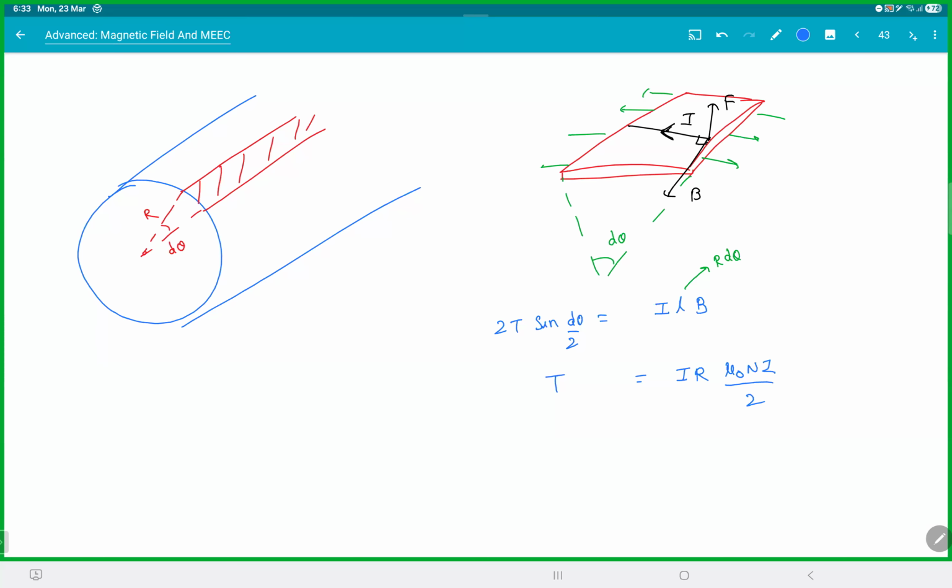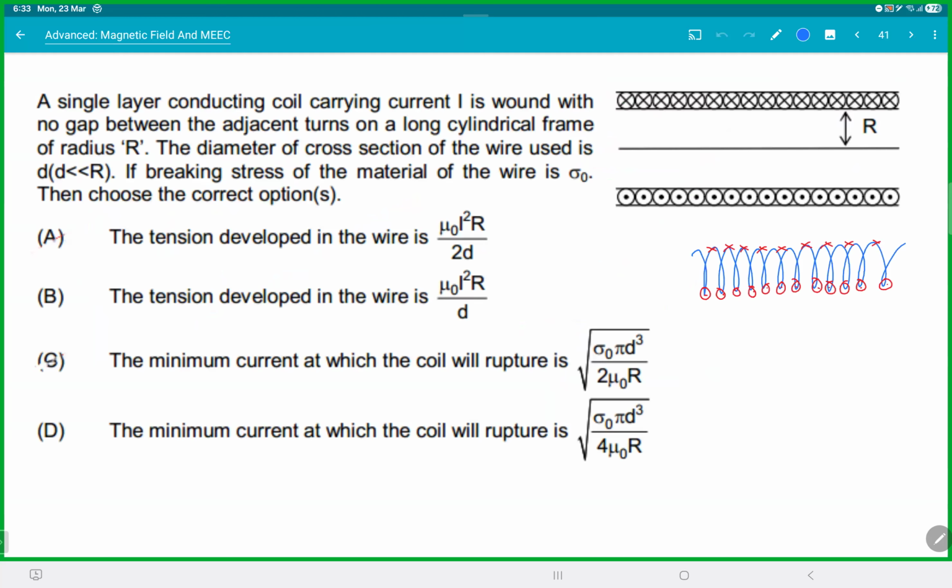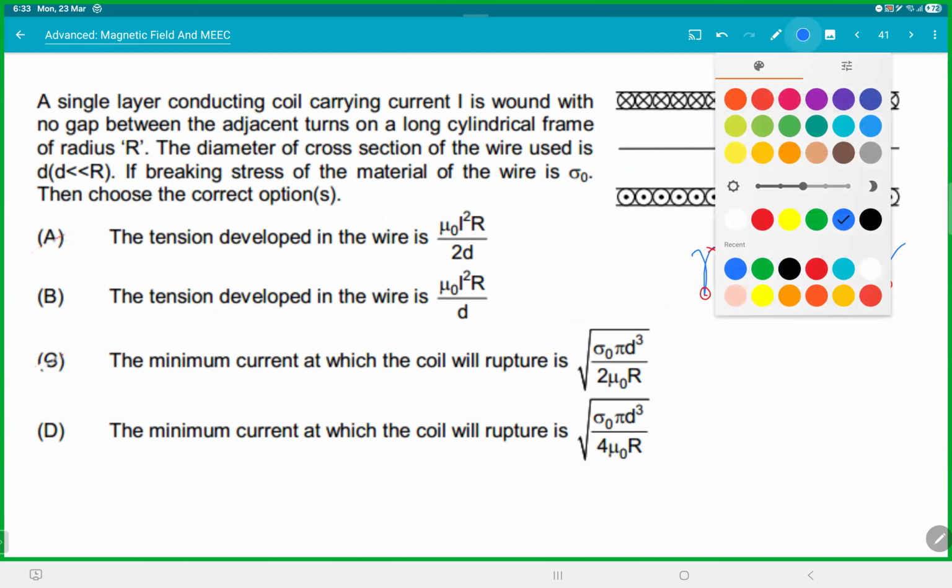But we still didn't find n. What is small n? In a solenoid, if you remember, n is the number of turns per unit length. And he said the diameter of the wire is small d. That means if you look at the wire here, in a thickness of d there is 1 turn.